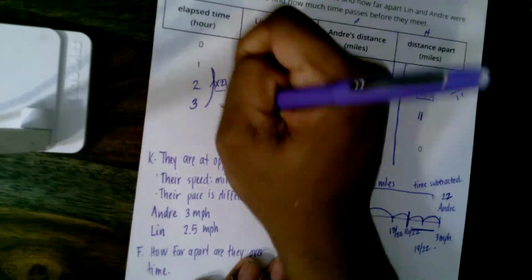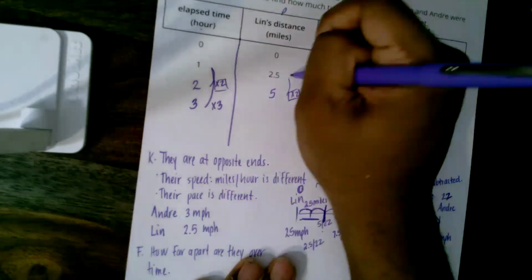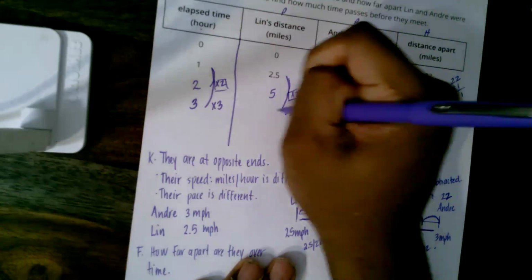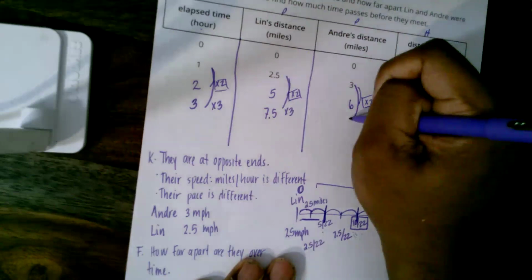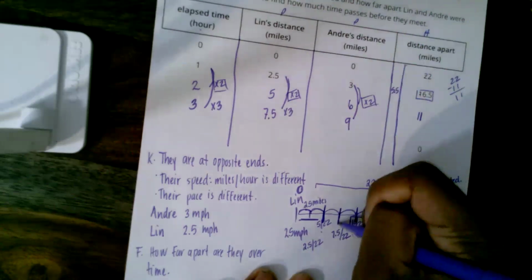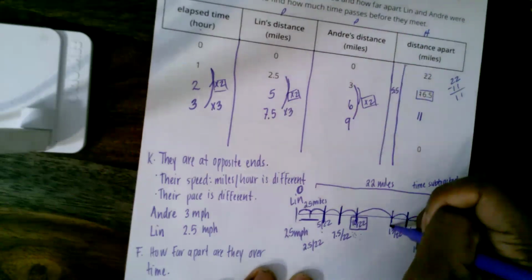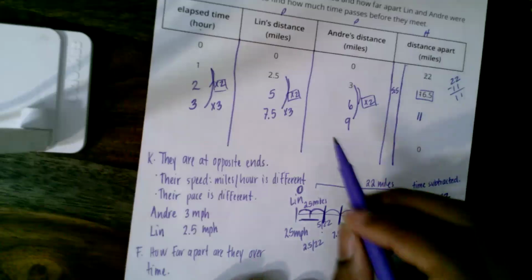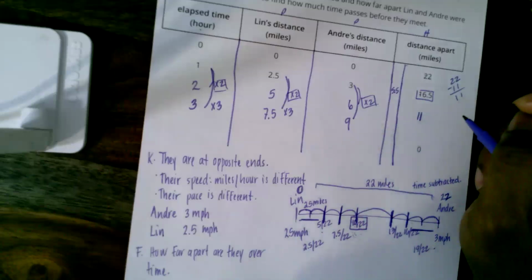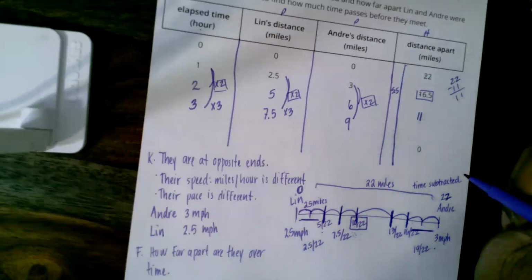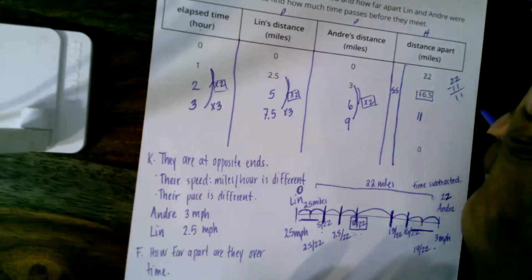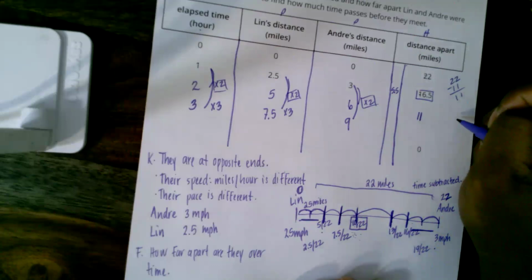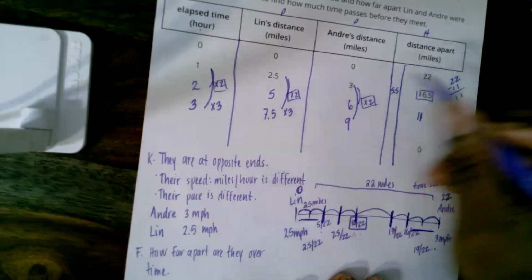It's from 1 to 3, times 3. 7.5, and 9. So this is hour 3, 9. So that's 16.5.